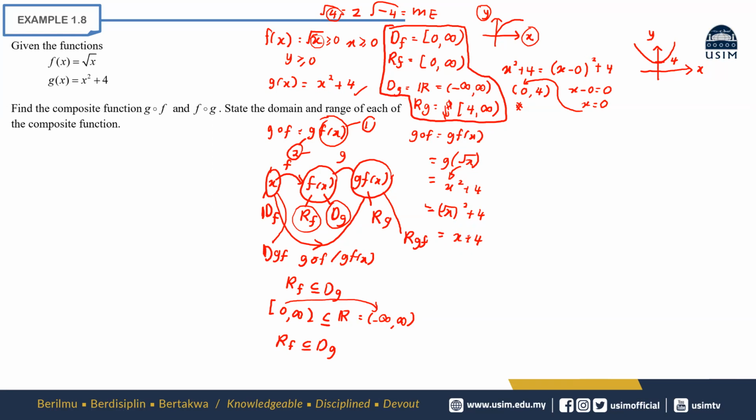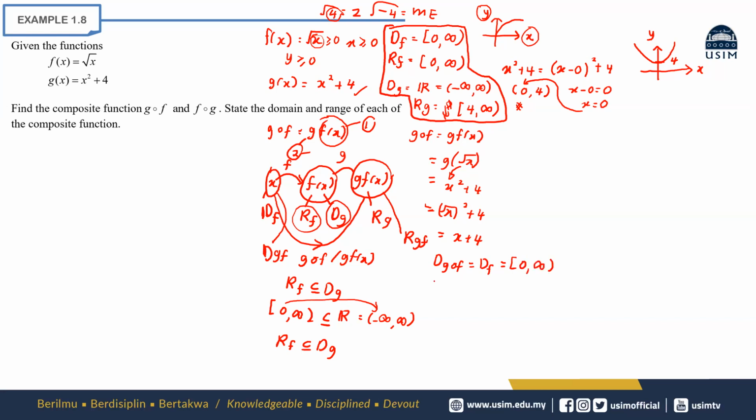linear graph, right? Okay, so you want to find the domain G compose F. Look at here, domain G compose F is equal to domain F. What is the domain F here? Domain F is equal to 0 to infinity, right?